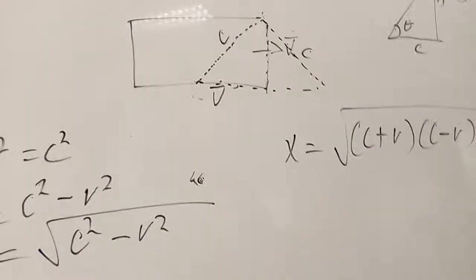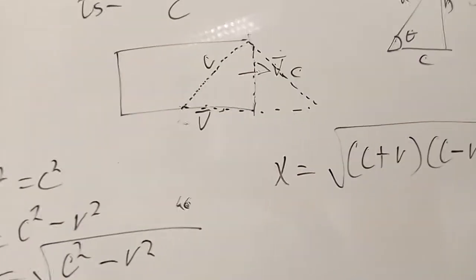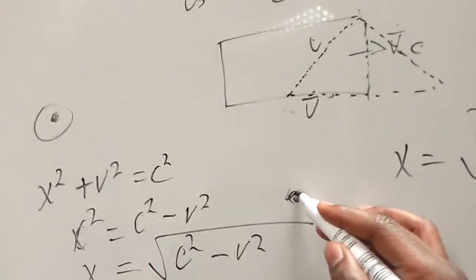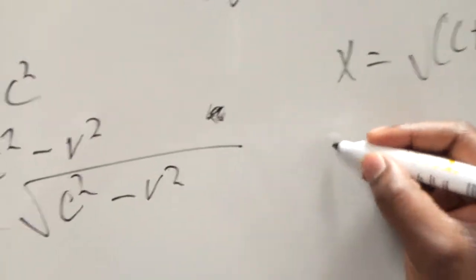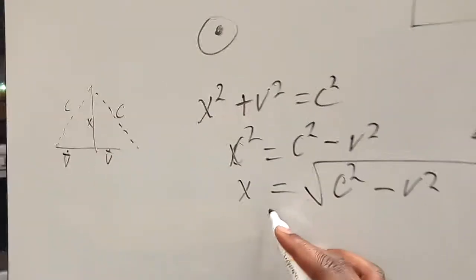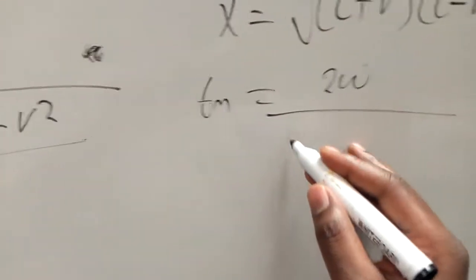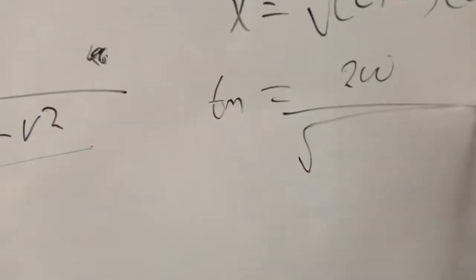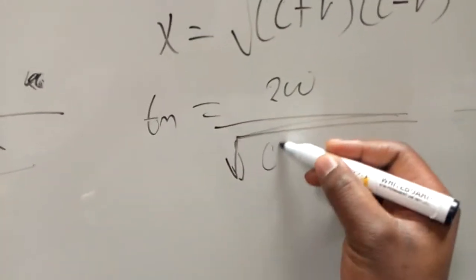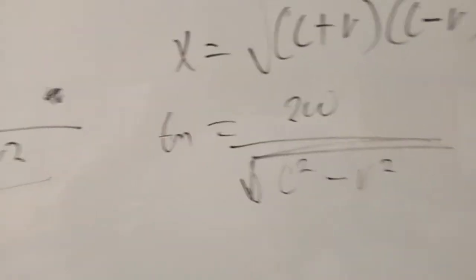So the time measured by this person here is going to be t sub m, or t sub moving, is equal to 2w divided by the displacement, which is given by the square root of c squared minus v squared.